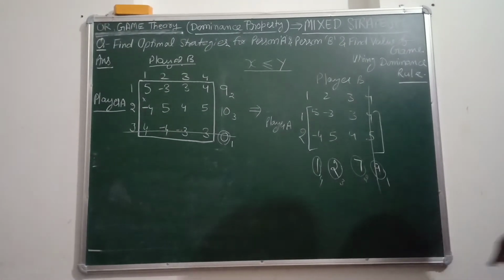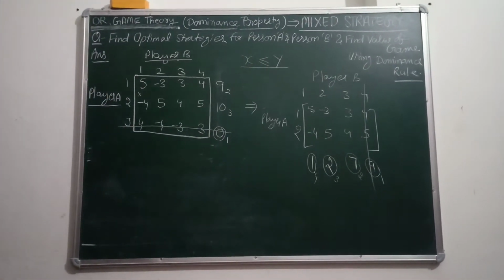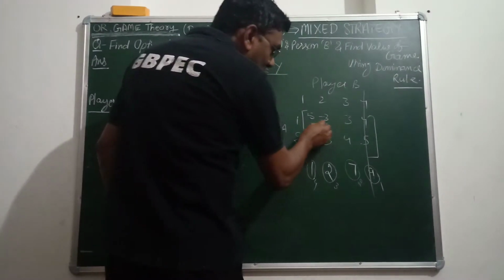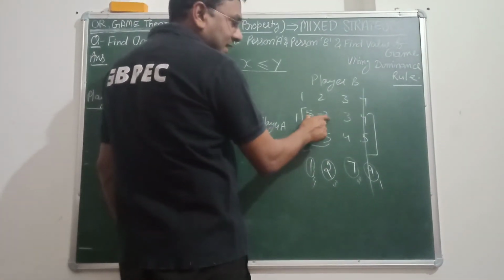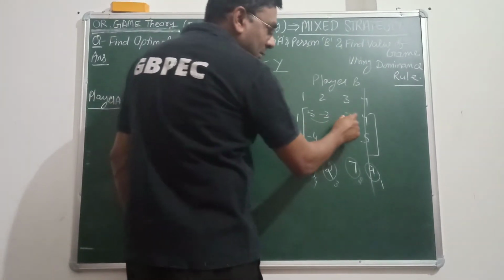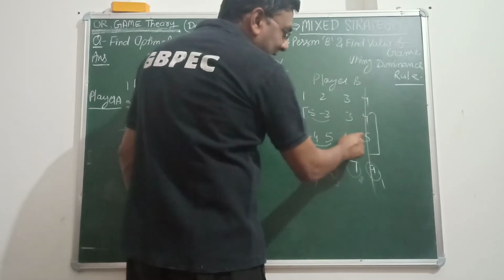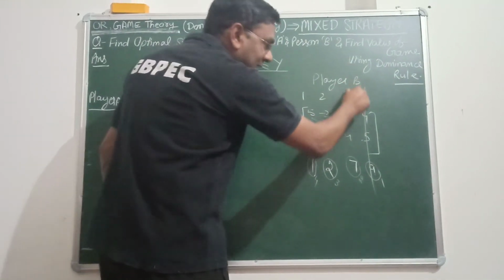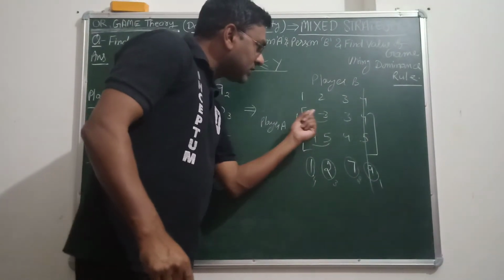Now as I have discussed earlier, there is a third condition also, that we will add these two values and find the average. We will find the average of these two entries and then compare these entries with this. If these values are greater than the average of these values, we can then eliminate these values. So now we will find the average of these two values.